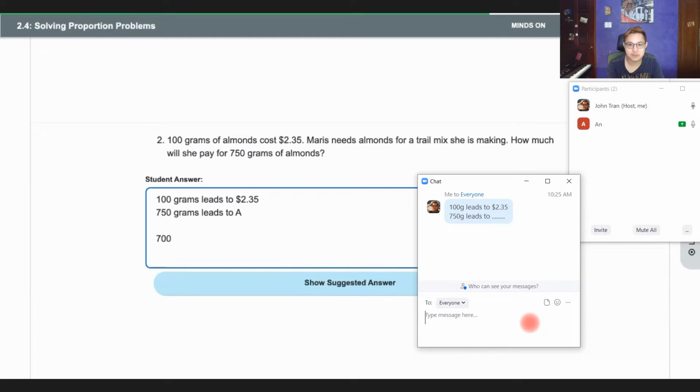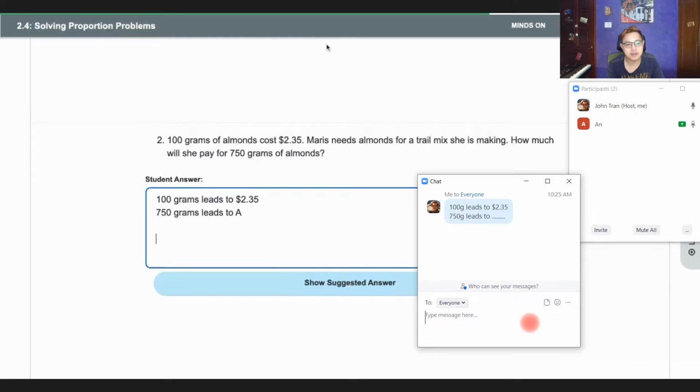What do you mean by that? Why is it helpful? So 100 grams is $2.35 and 700 is... No, it's not that helpful.